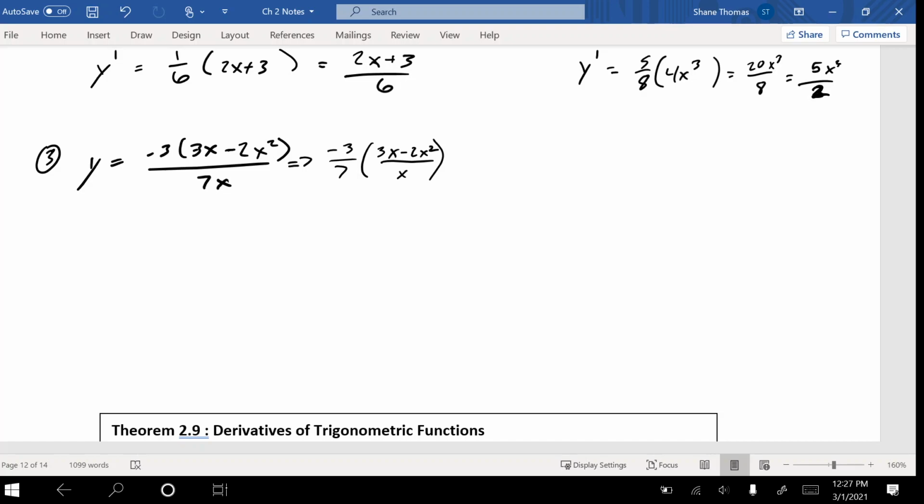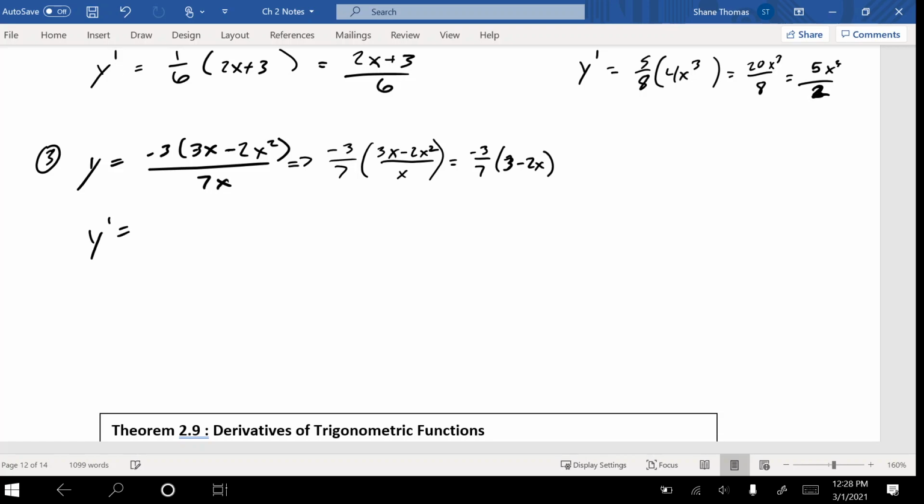Now what do you see in that parentheses? See anything? I can make this simpler. X on the bottom, and I have x's on both the terms up top, right? So I can cancel an x out. So it's going to be negative 3 over 7 times 3 minus 2x. That feels a lot better to try to differentiate now.